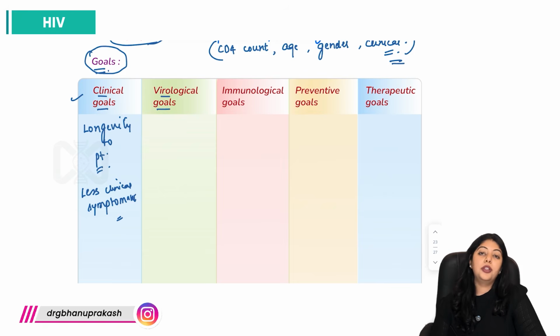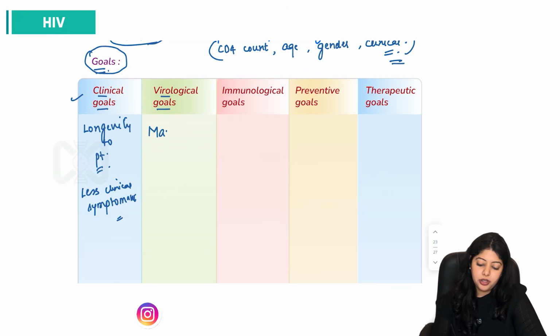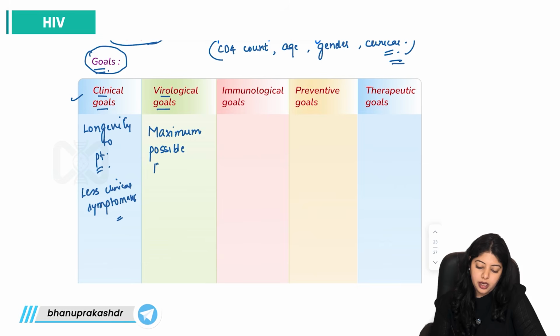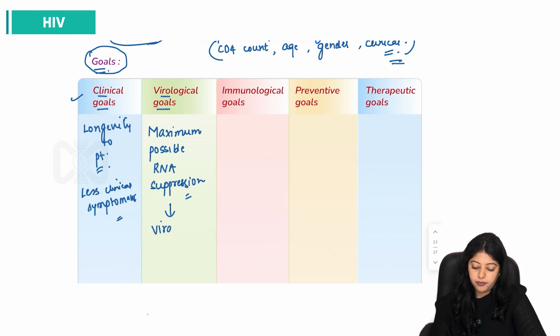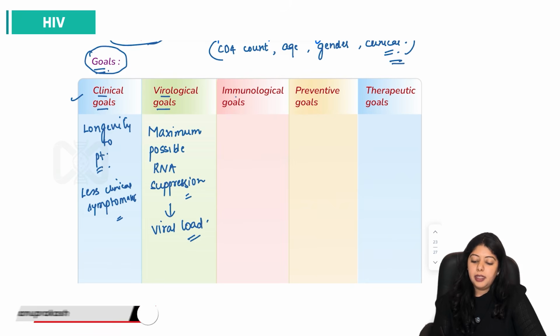Then virological goals, that includes maximum possible suppression, maximum possible RNA suppression, and what is that? Viral load suppression. Then immunological goals.